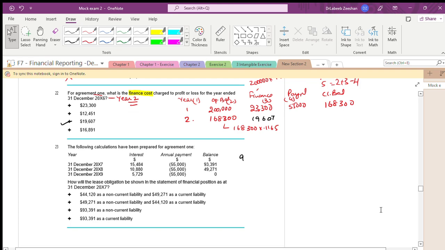Good. 93,391, 49,271. Okay. And then current liability will be... and non-current liability will be 49. 93, the same one. This is the non-current liability.